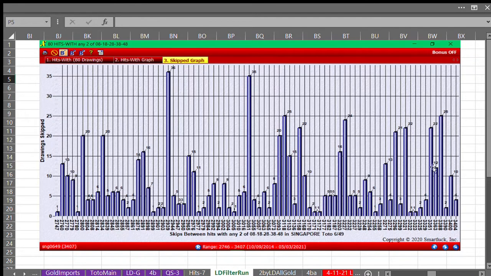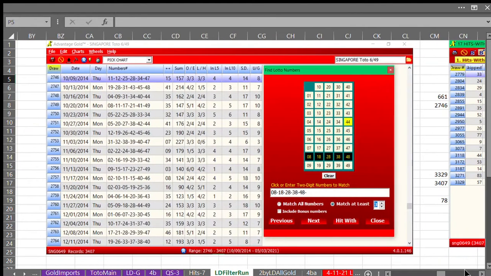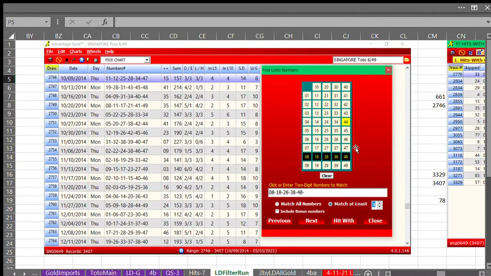Now, then what I did was I ran the filter again, okay? Same structure, 8, 18, 28, 38, 48, but this time I did 3 numbers. Now, one little caveat here that I noticed is that when I did this, I actually had switched to a separate game.